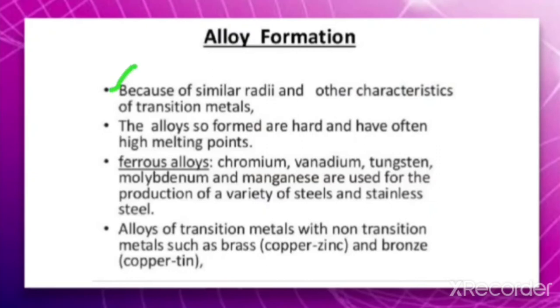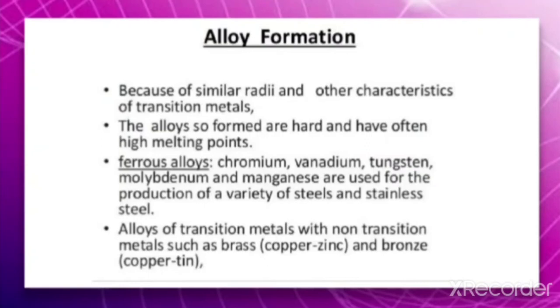The alloys so formed are hard and often have high melting points. Chromium, vanadium, tungsten, molybdenum and manganese are used for the production of varieties of steels and stainless steels. We are familiar with the stainless steel we use at home, which is made up of a variety of transition metals.